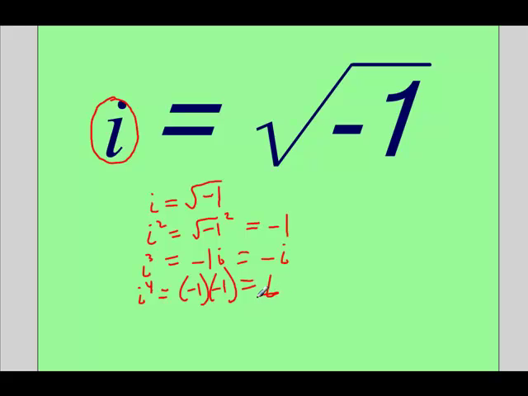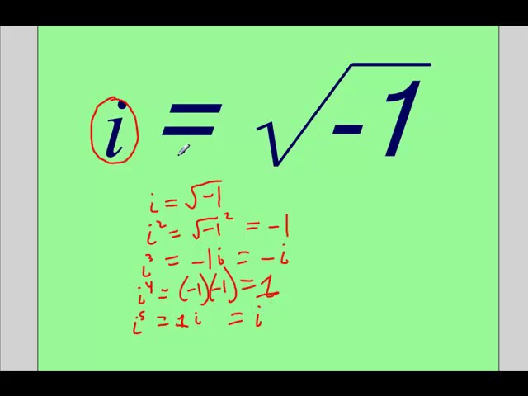This is equal to 1. And i to the fifth is going to be i to the fourth, which is 1, times i, which is just going to be i.